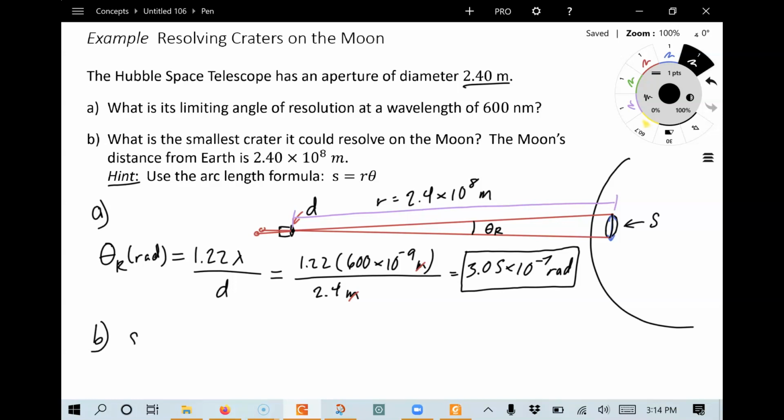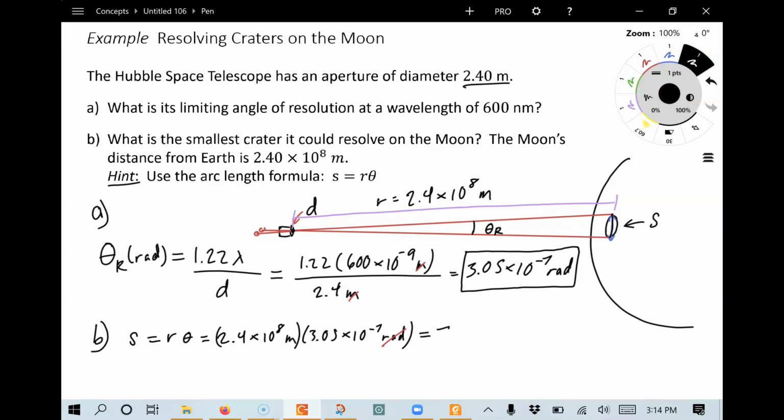So S is equal to R theta, and R in this case is equal to 2.4 times 10 to the 8th meters multiplied by 3.05 times 10 to the minus 7th radians. And remember that as soon as we multiply something with radians by meters, we can just drop the radians. It's a dimensionless unit.